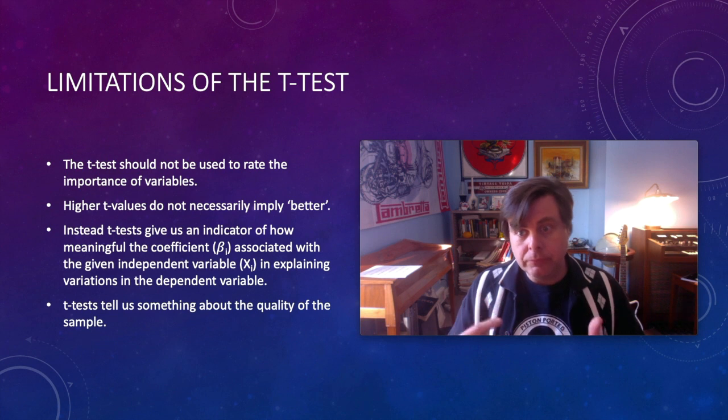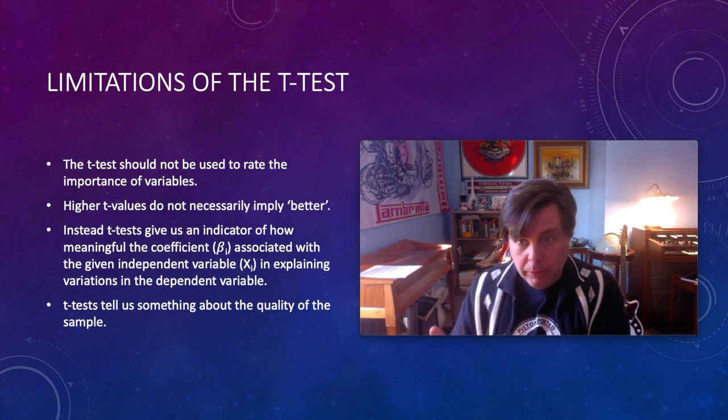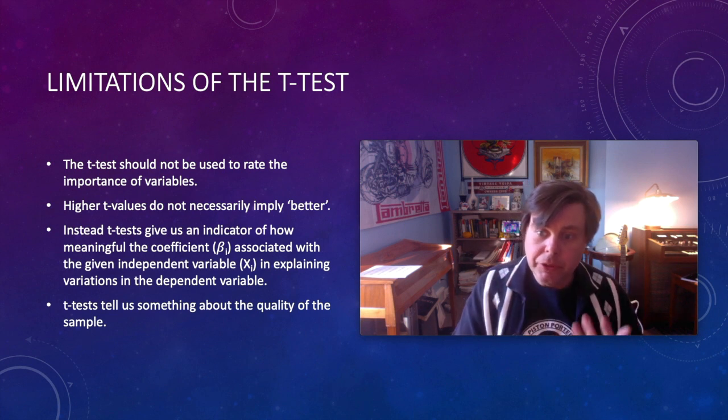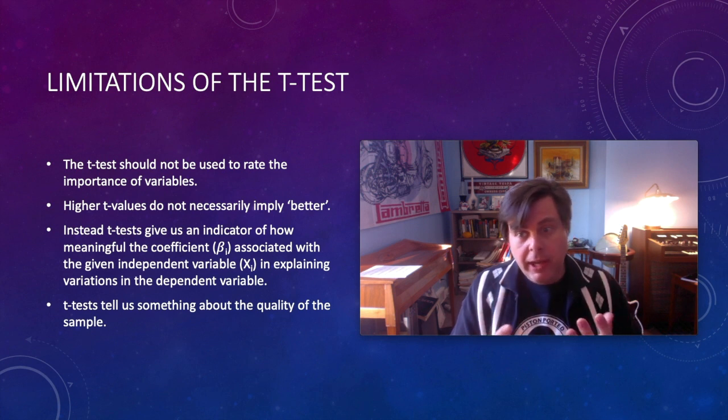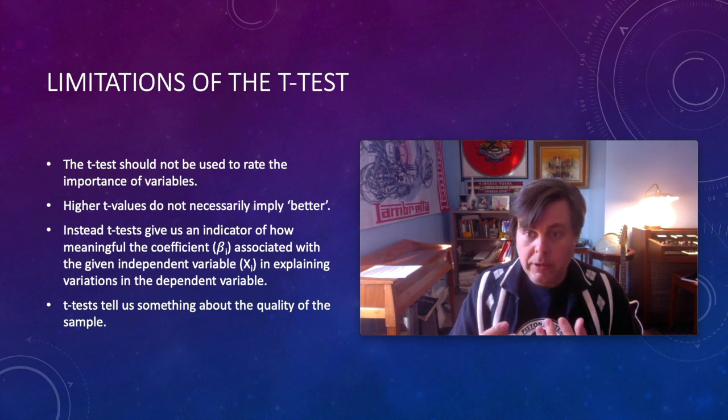So we think about a given variable, x, x1, x2, whatever, right? We have a coefficient associated with that value of x in our regression output. Okay, the t-stat is giving us an indicator about the quality of that coefficient.